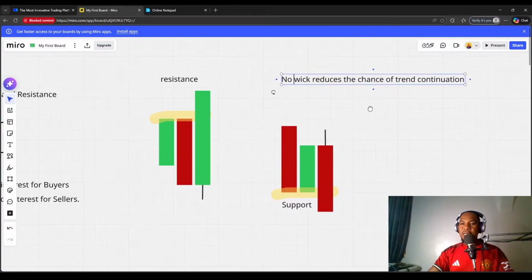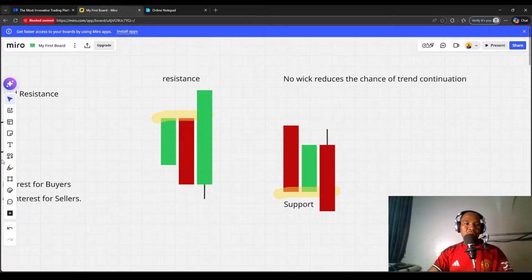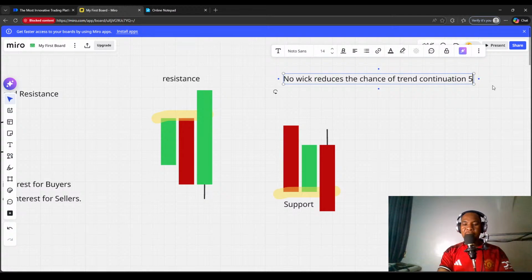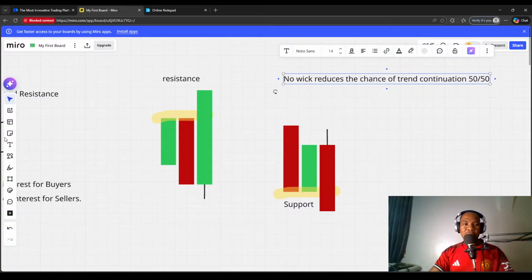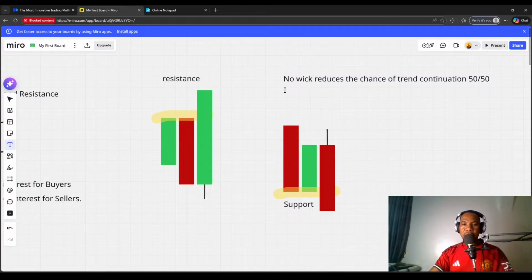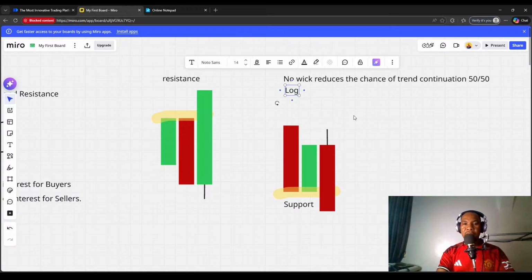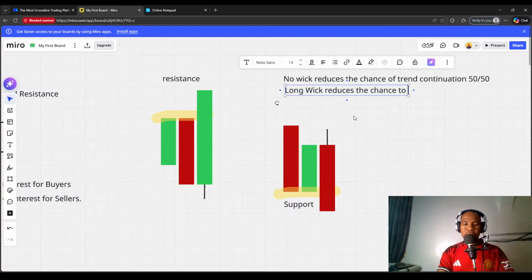So no wick chance is like 50-50. A very long wick reduces your chance to like 40/50, because the long wick would mean rejection.